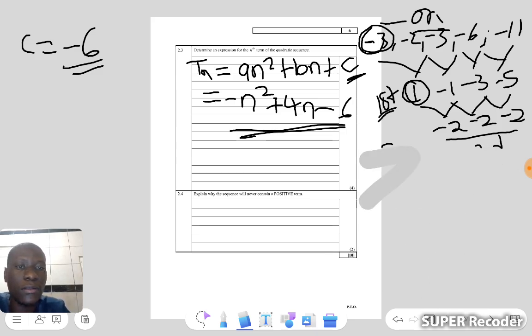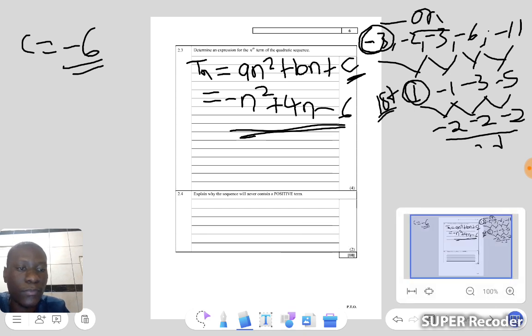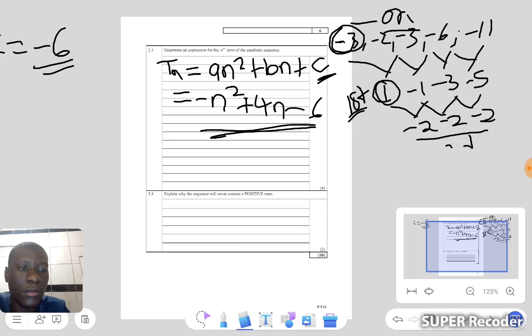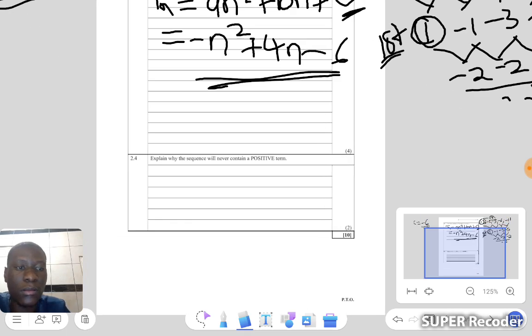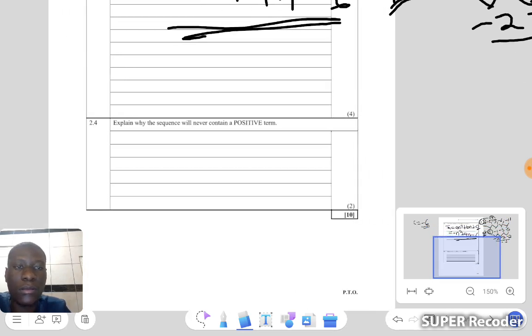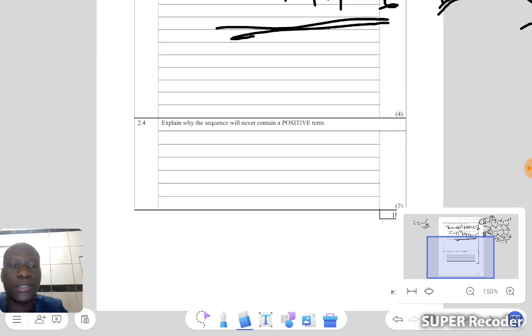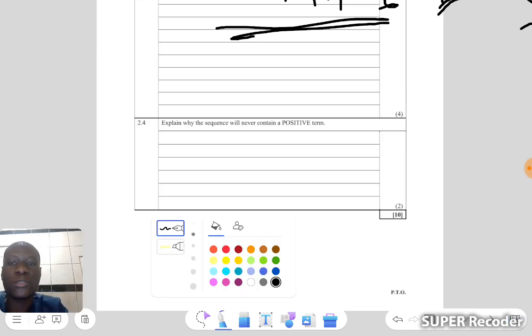Question 2.4 says: explain why the sequence will never contain a positive term. Here you can see that our sequence from above was negative. So they are saying explain why the sequence will never contain a positive term.